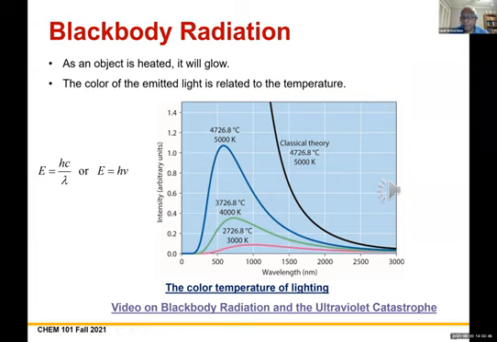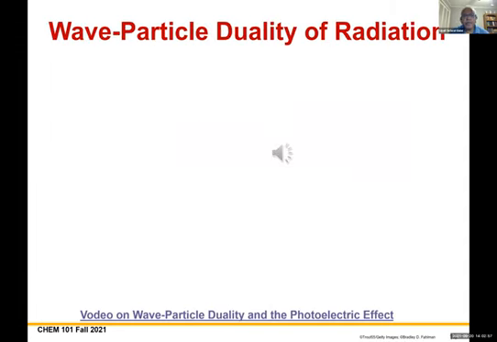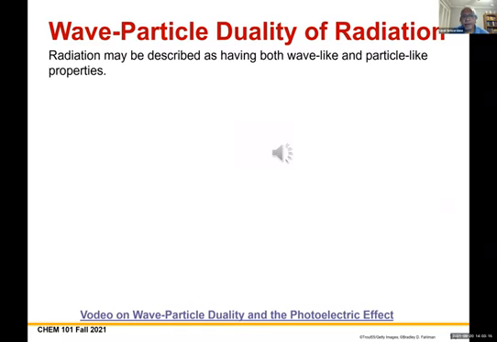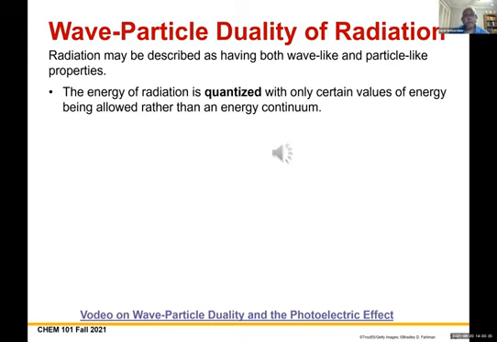So this description came up with the idea that the energy of a small particle is quantized. That's called the quantum theory. So waves have both wave properties and particle properties. Radiation behaves like waves, and also like particles. This is part of quantum theory.